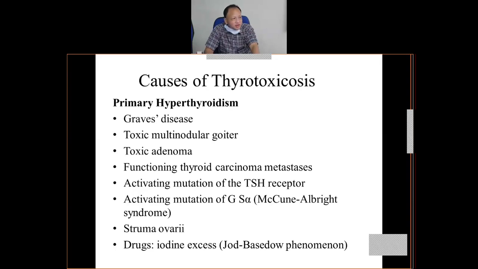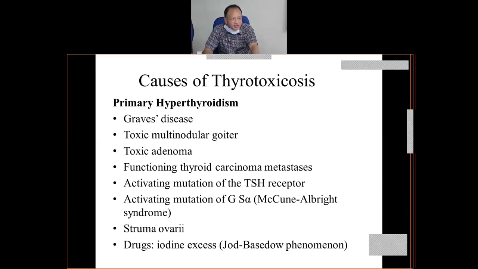The most important cause of primary hyperthyroidism is Graves' disease. Then the others are toxic multinodular goiter, toxic adenoma, functioning thyroid carcinoma, and activating mutation of the TSH receptors. When you have a mutation of the TSH receptor, it can mimic an overstimulation by TSH.